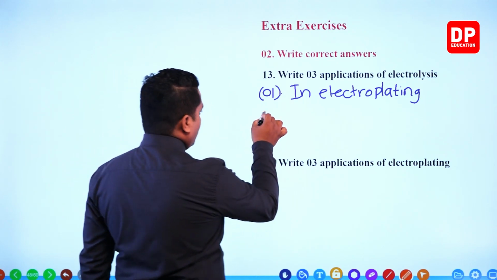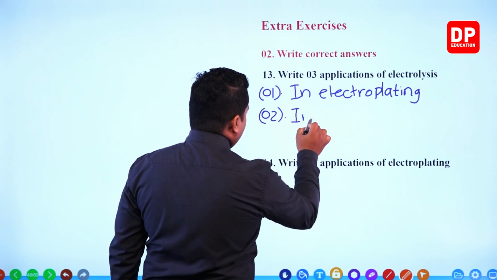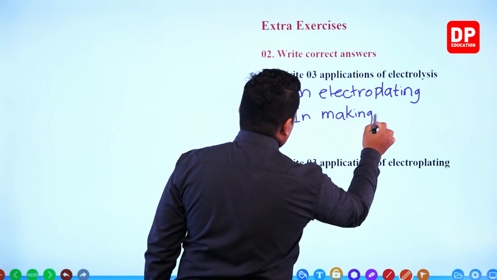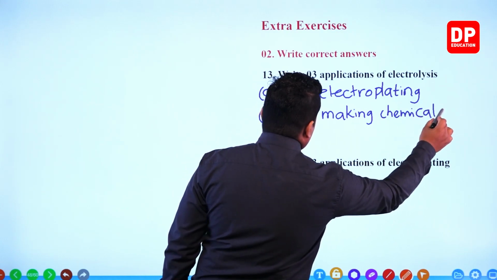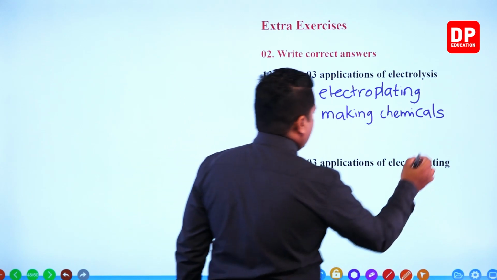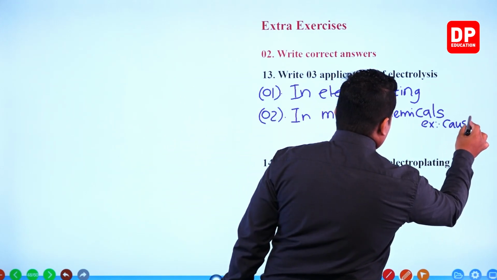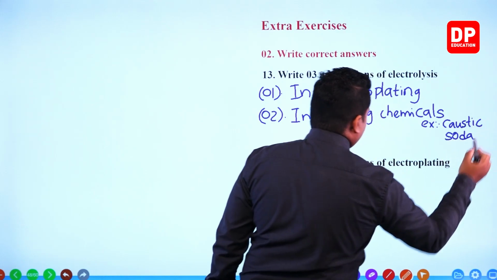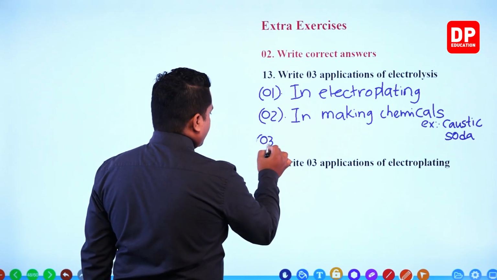Next one, number 2, in making chemicals. In making chemicals. Examples, caustic soda. Right? Then metal extraction.